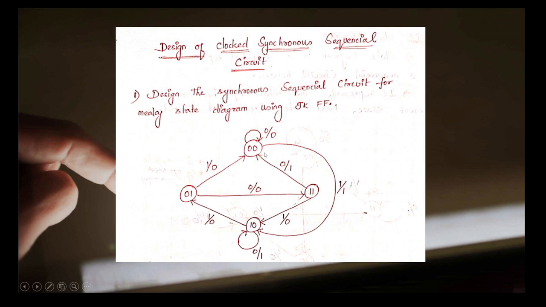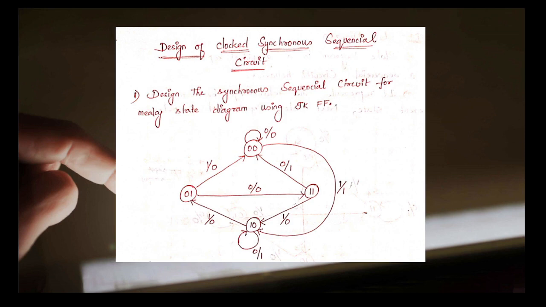We have four different states: 00, 11, 10 and 01. First, we have to identify how many states have been encircled, and for each state look for the arrow mark to which state it is going, with the numerator and the denominator as input and output.